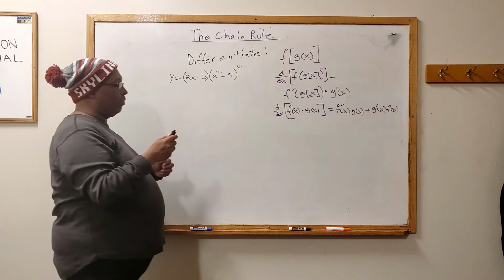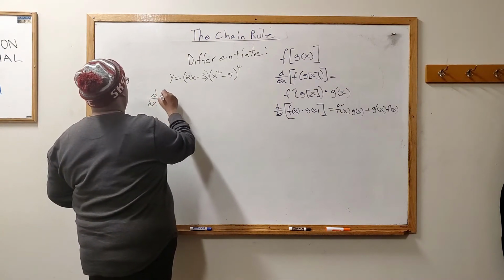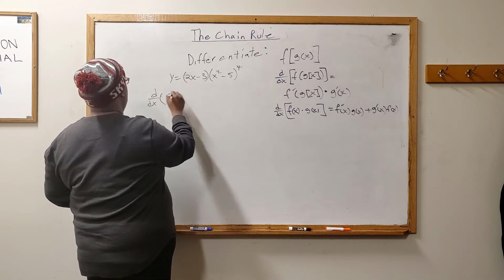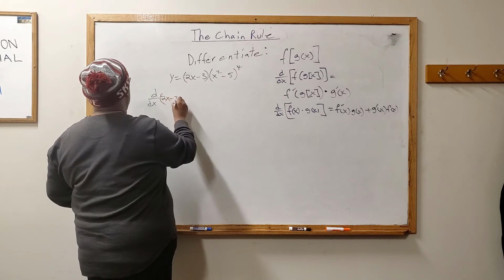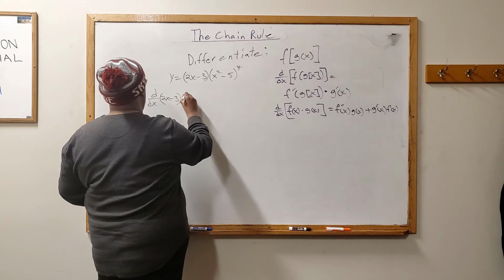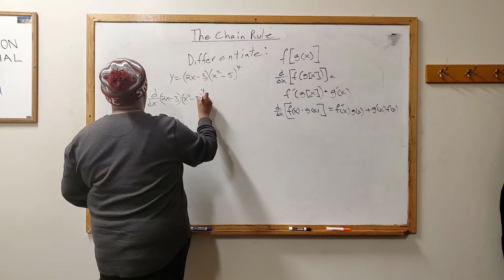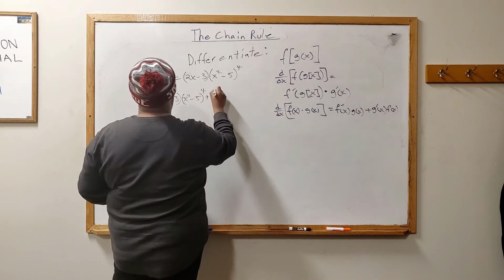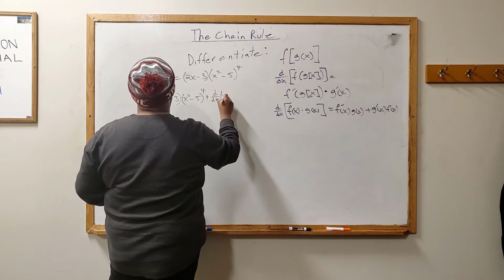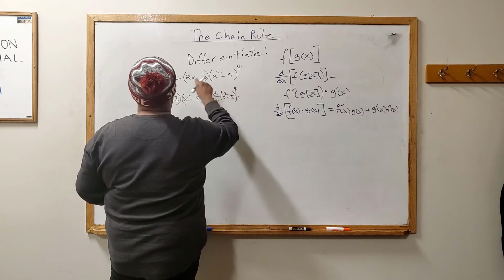So that means first thing we need to do is take the derivative of this one times this one plus the derivative of this one times this one.